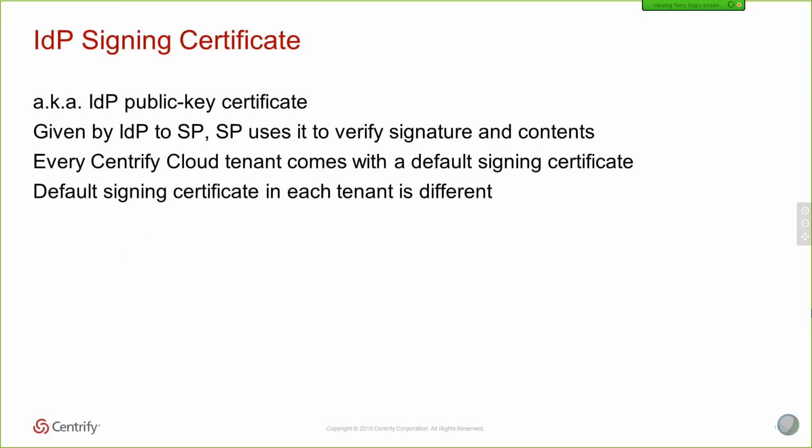All right, certificate. On our screen, you will see the link Download Signing Certificate. Every Centrify cloud by default generates its own signing certificate. On the screen, you will see that this certificate has a different name, and they differ by using a different customer ID, tenant ID.